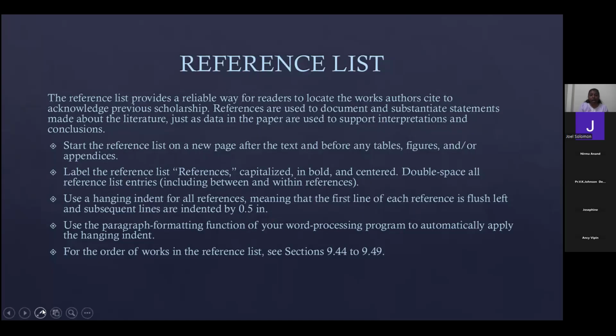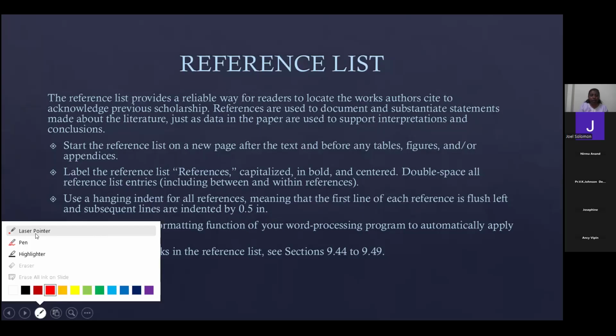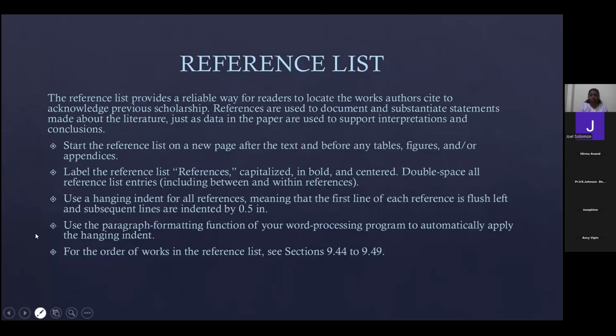If you're using a word processing program, it is automatically done. You can use a paragraph formatting function for your reference list. For the order of works in the reference list, you can refer to these sections, which you have in Moodle.